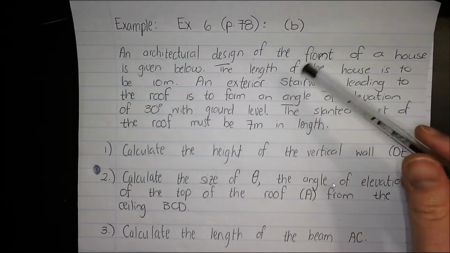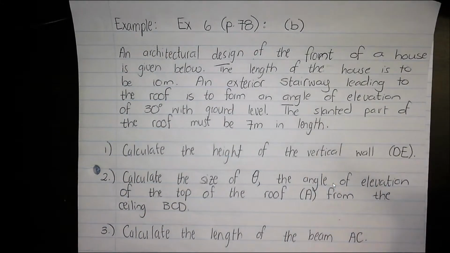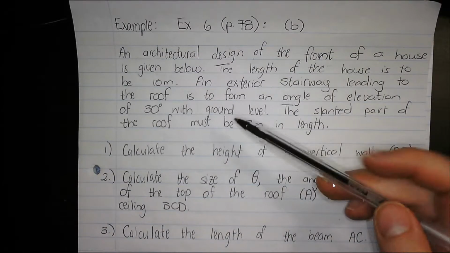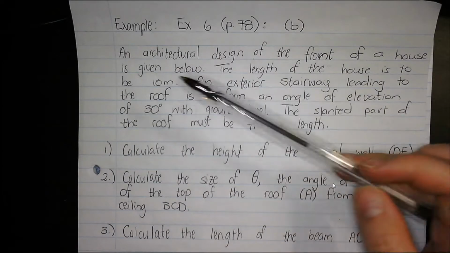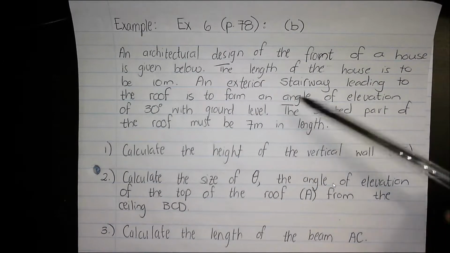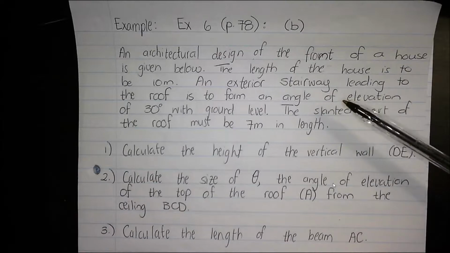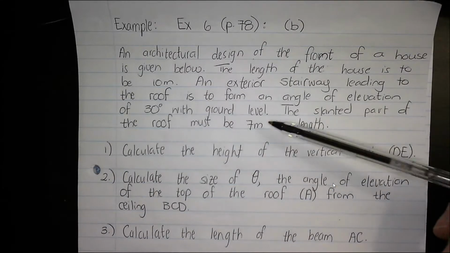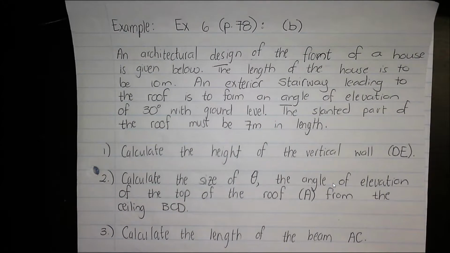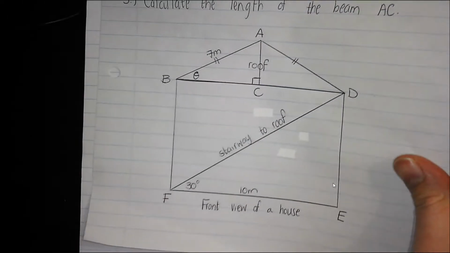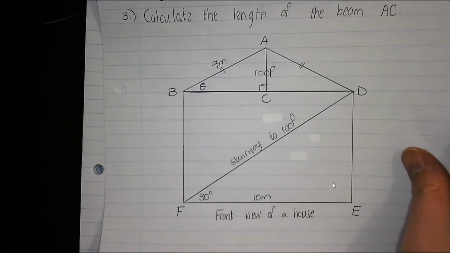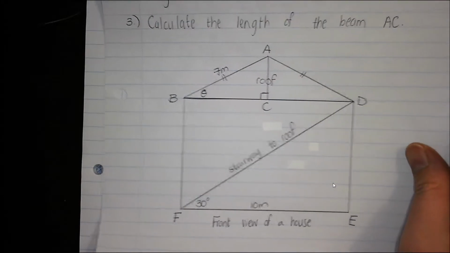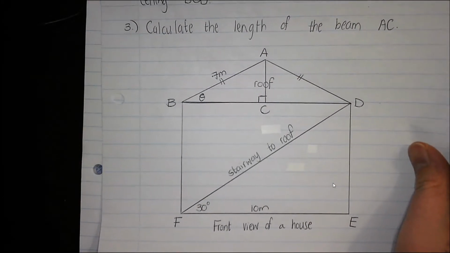The length of the house is to be 10 meters and an exterior stairway leading to the roof is to form an angle of elevation of 30 degrees with the ground level. The slanted part of the roof must be 7 meters in length. I'm skipping over it pretty much because it's all given on the sketch. I'm just comparing everything that I read to the sketch to make sure it's there before I continue.